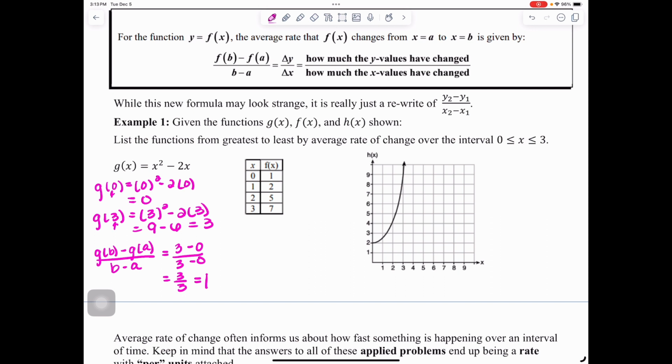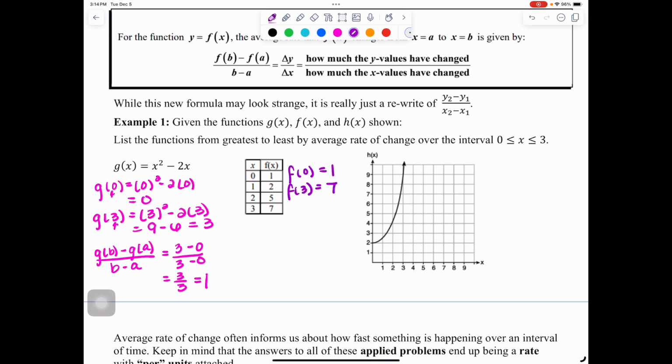So now in the center, we have a table of values. We're going to treat that very similar. We are going to find the 2 critical points. Here the function's name is f. So we're going to do f of 0, which in the table corresponds to 1. The input of 0 gives an output of 1. And then f of 3, an input of 3 gives an output of 7.